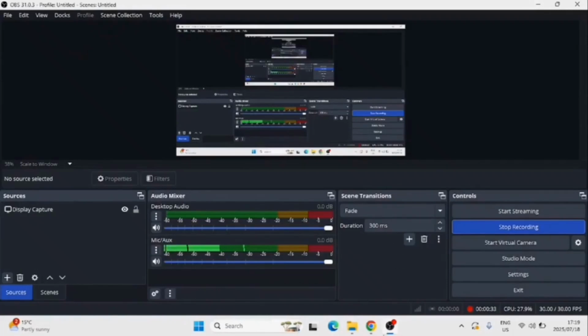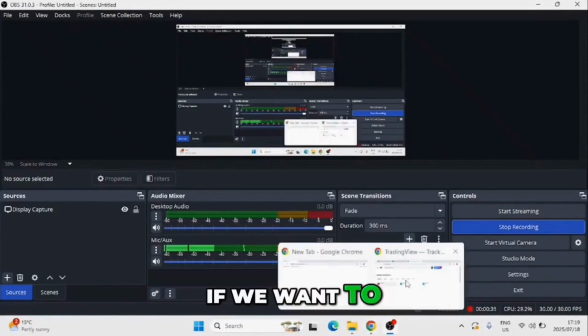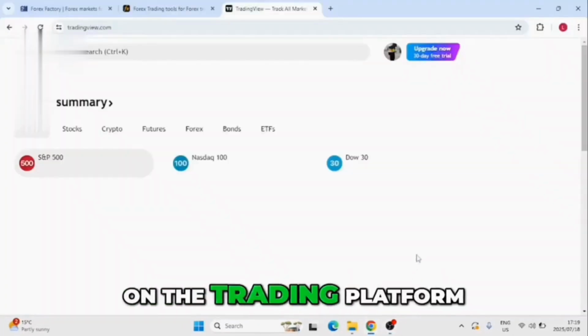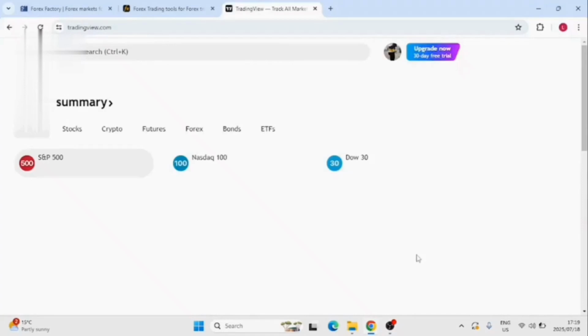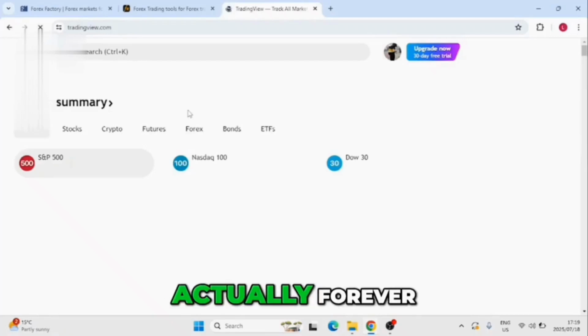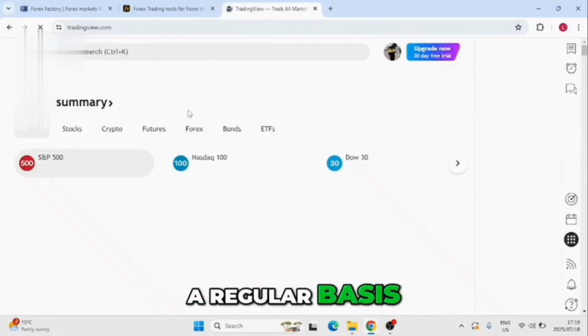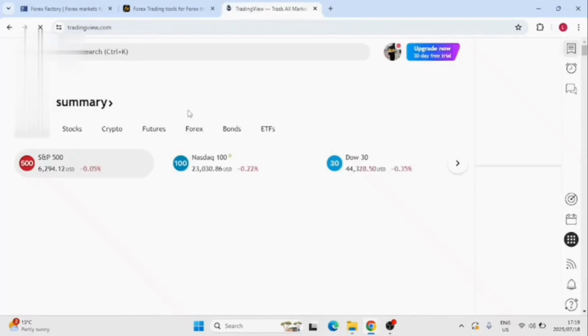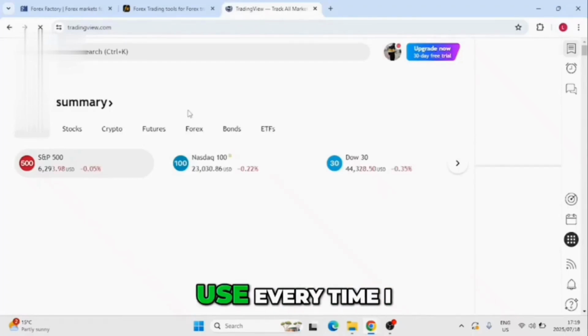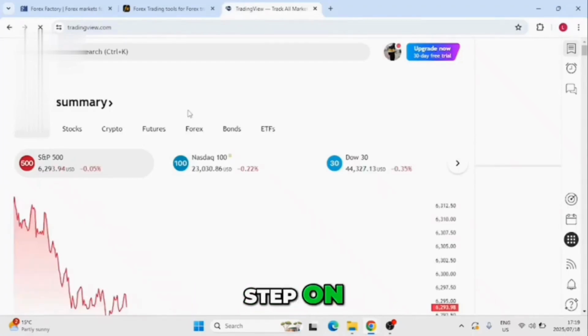So guys, if you want to hop on the trading platform, we will be looking at TradingView today, actually forever, because TradingView is what I use on a regular basis. It's one thing I use every time I step on the market.